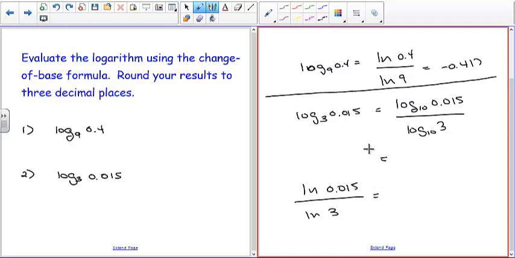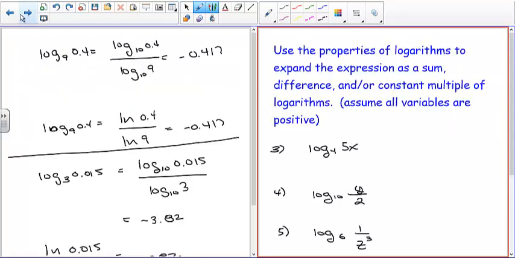Log base 10 of 0.015 divided by log to the base 10 of 3 is negative 3.82. And the natural log of 0.015 divided by the natural log of 3 is negative 3.82. Which one to use? It's up to you.